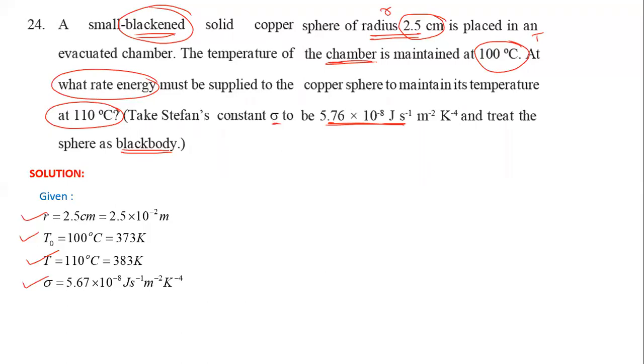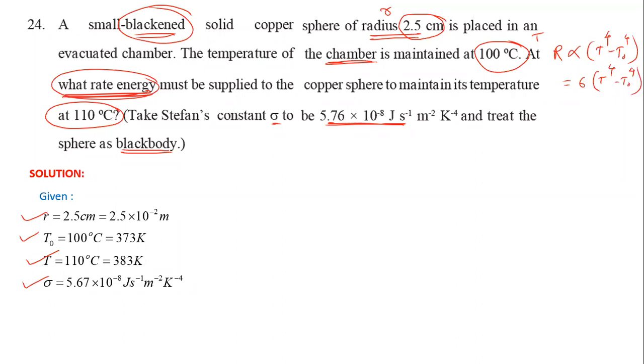You have to find out by using Stefan's law at what rate the energy must be supplied. Means you have to find out R. So you can write R proportional to T raised to 4 minus T0 raised to 4. This is the formula, and you can put the constant sigma: sigma times T raised to 4 minus T0 raised to 4.